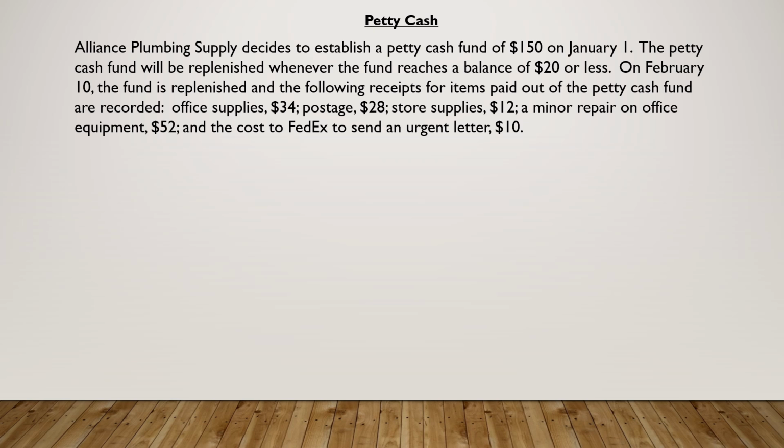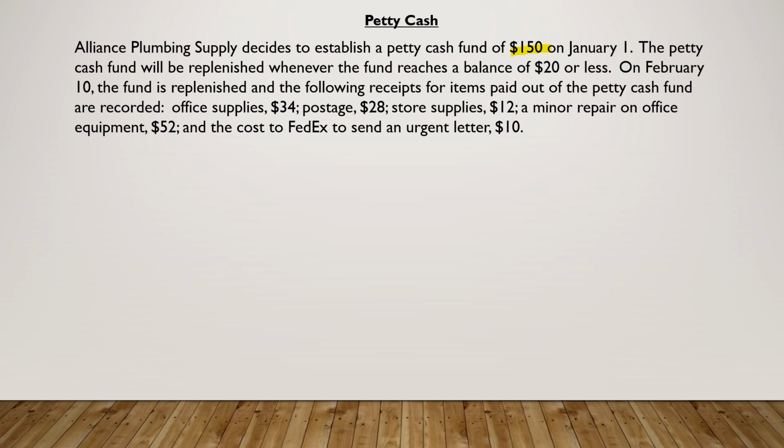On page 13, you'll see the following example regarding petty cash. Alliance Plumbing Supply decides to establish a petty cash fund of $150 on January 1st. The petty cash fund will be replenished whenever the fund reaches a balance of $20 or less.